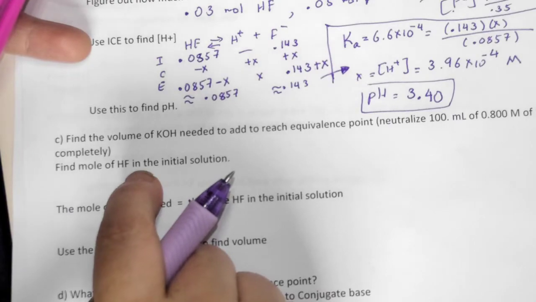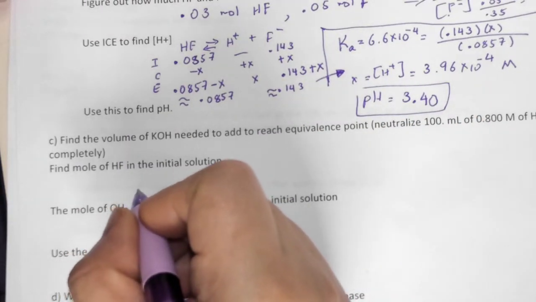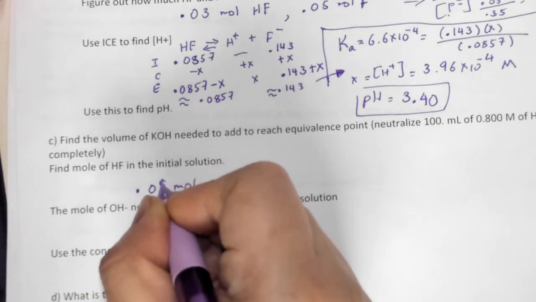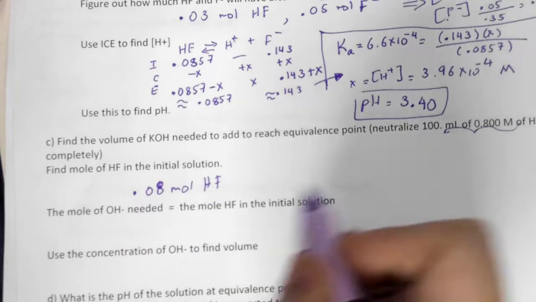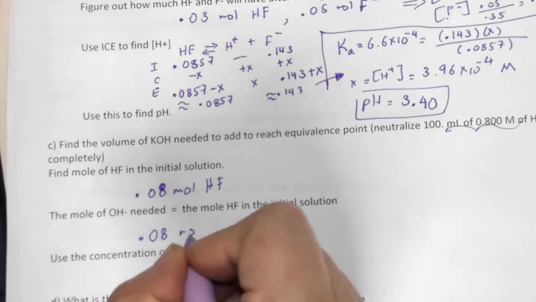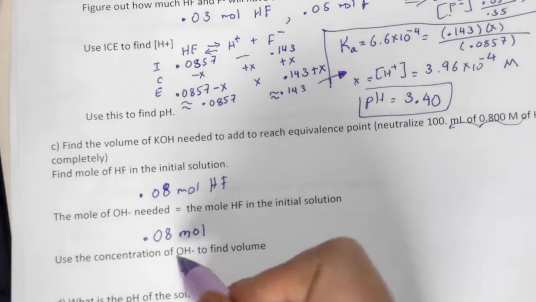Find the moles of HF, the weak acid. Same thing, we're still doing the usual. So this is 0.08 mole of HF. I didn't change anything, it's still the same. More OH minus is needed. Use the concentration of KOH to find the volume.